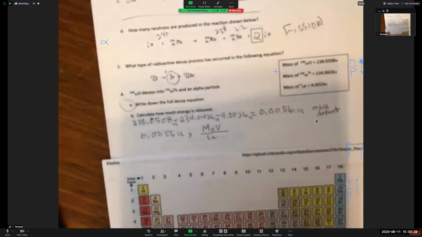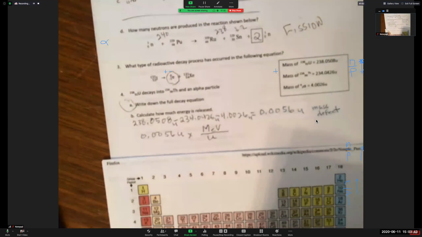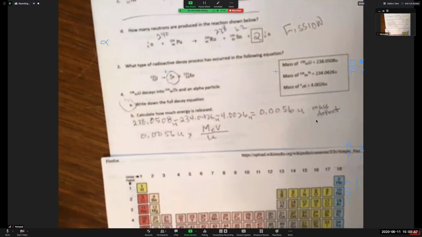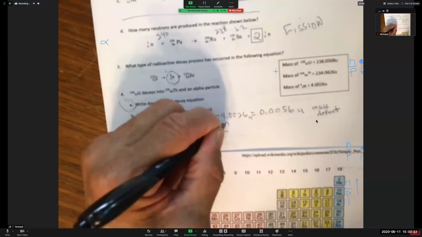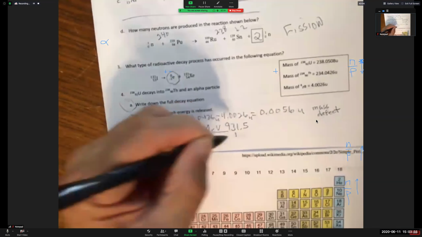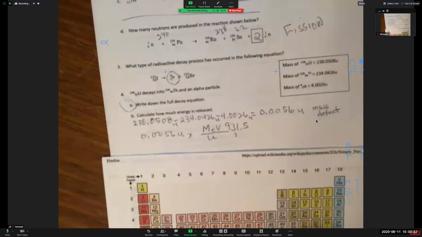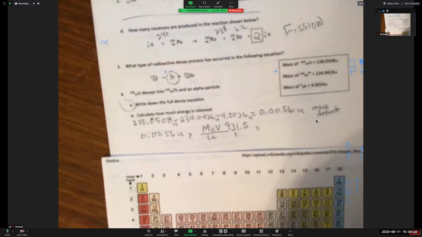All right, I'm back now. I'm looking at my cheat sheet that we used last time, and it says there's 931.5 MeV per 1 AMU. So we're going to multiply those together. And I still have 5.6 times 10 to the minus 3 in my calculator.